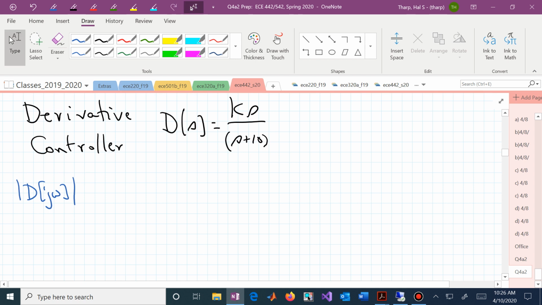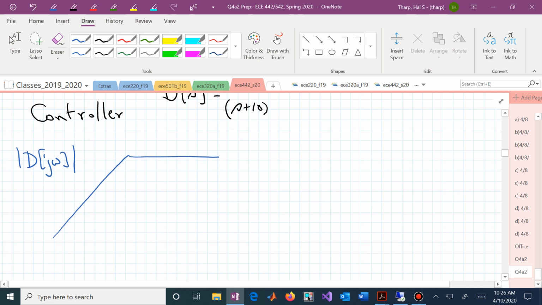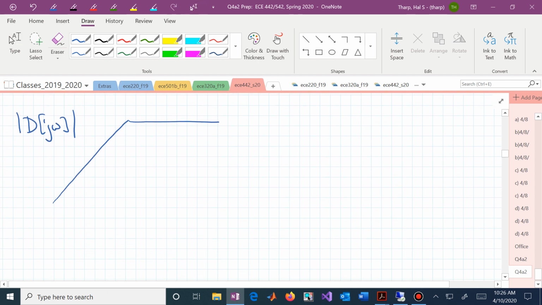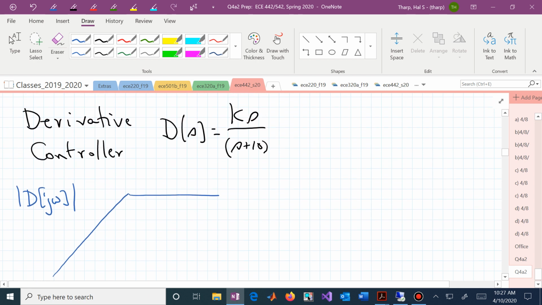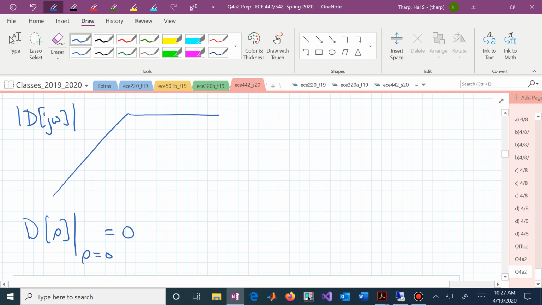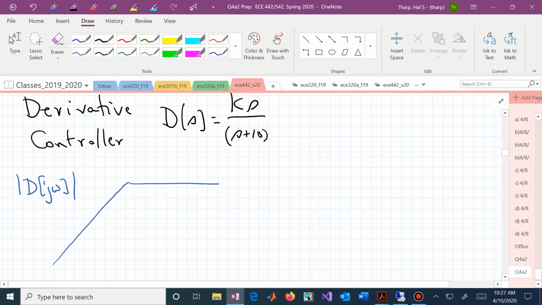If you remember your Bode plots, this is now coming up from the basement because of that 0 at the origin, and then it flattens off at 10. That means that you can't match, if you looked at d of s, when s is equal to 0, what's going to happen? That's going to be 0.